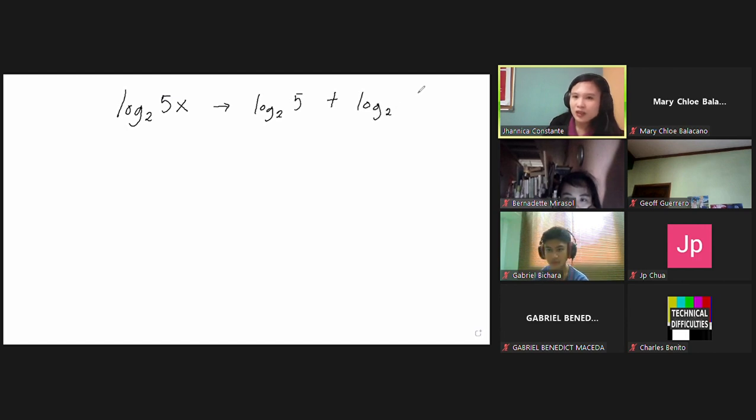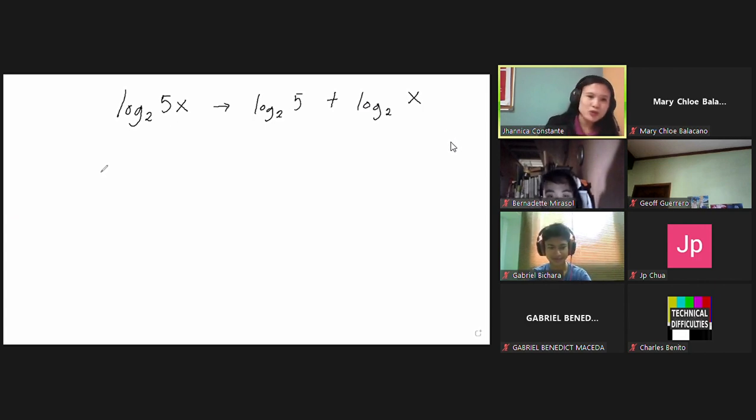Diba? In the product rule in the law of exponent, we add the exponents. The same concept applies to the logarithmic function. So the expanded form of log base 2 of 5x is log base 2 of 5 plus log base 2 of x. So that is for the product rule.